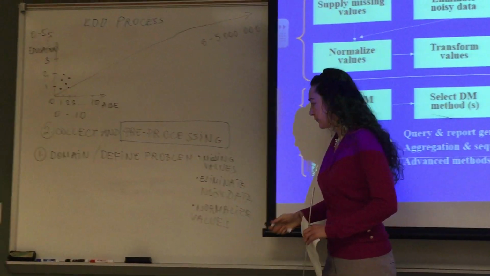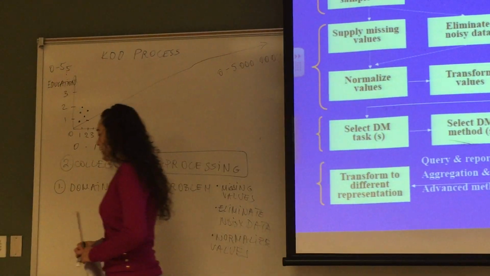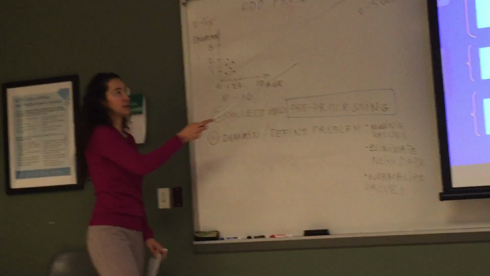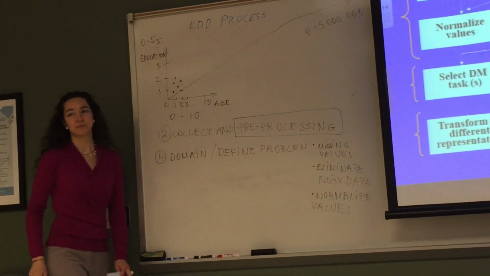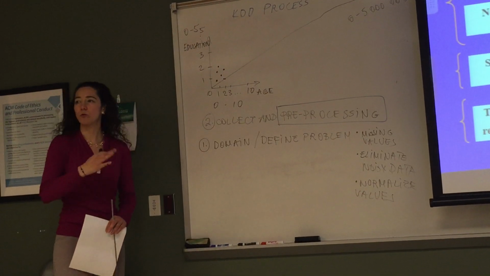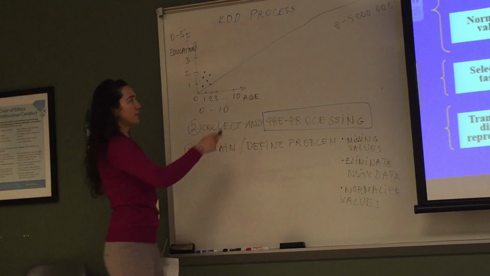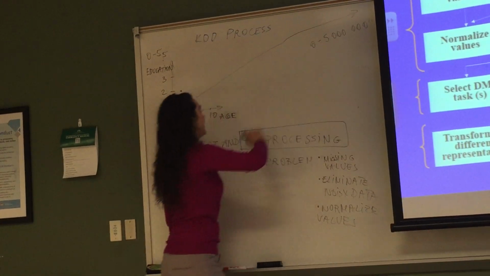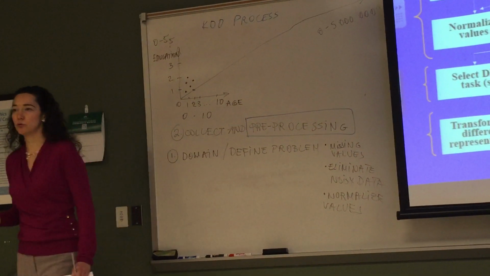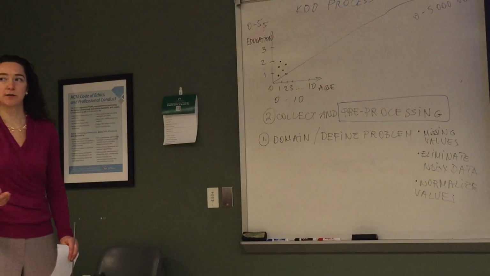Normalize the value, which means make it look normal. Make it look like everything else, because this is way off. So we will just map it into some lower numbers. Let's say from 0 to 1 million, we will say 1. From 1 million to 2 million, we'll say 2. From 2 million to 3 million, we'll say 3.